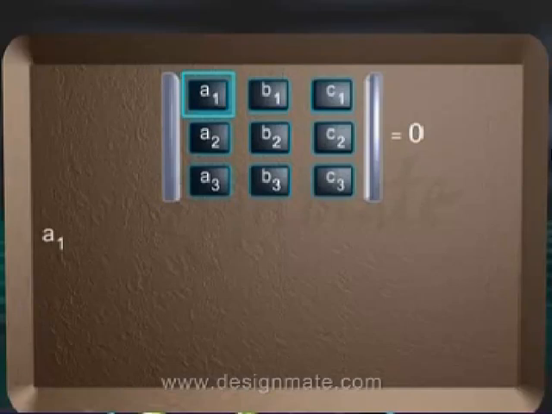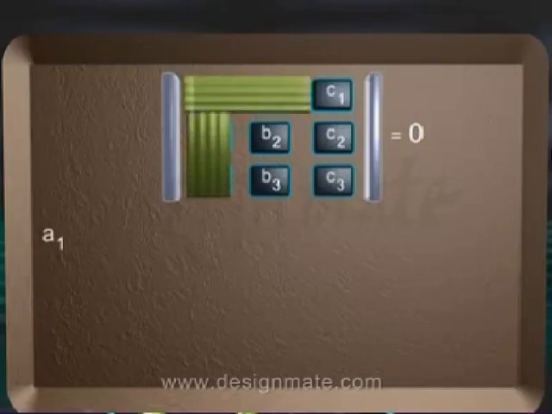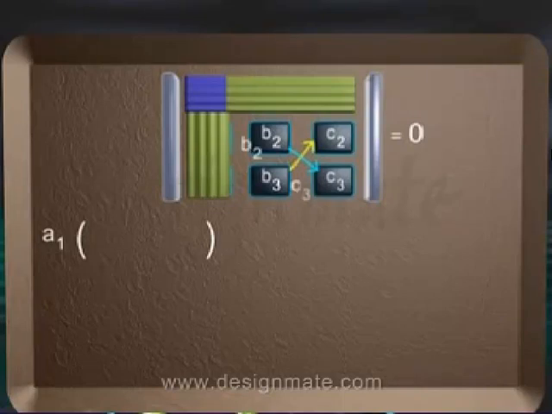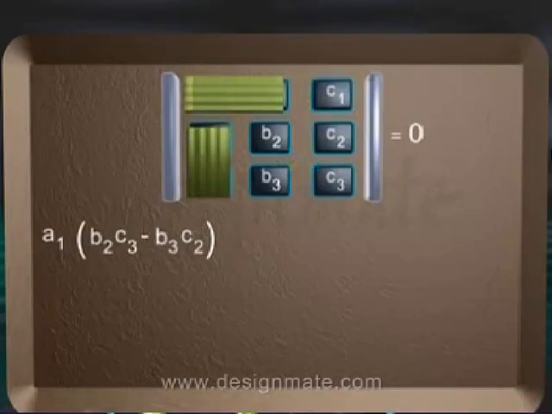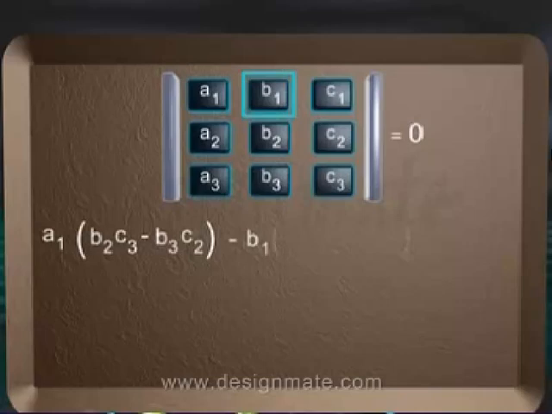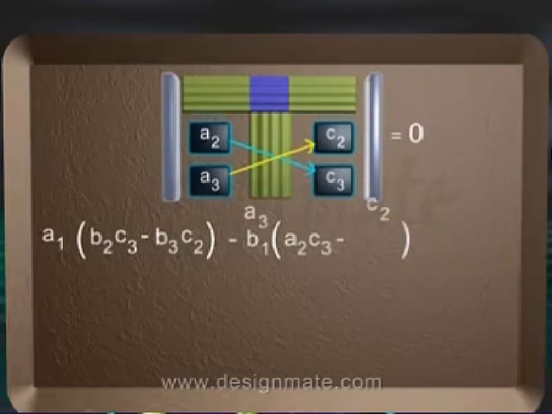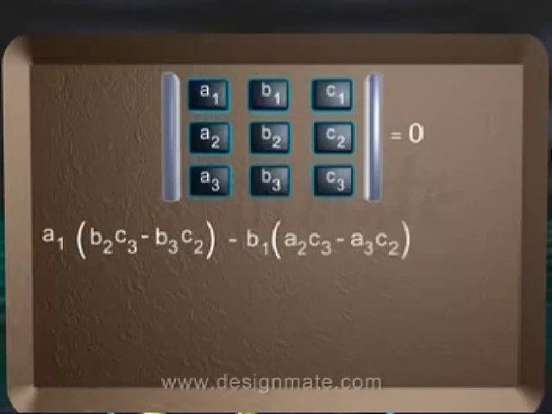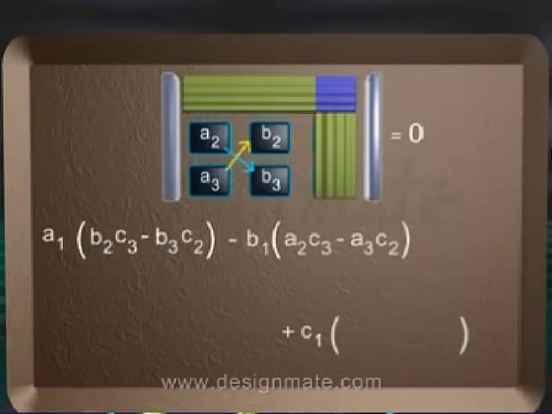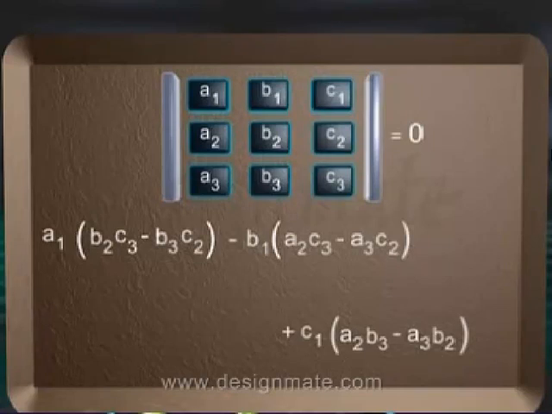Therefore, a1 into (b2c3 minus b3c2) minus b1 into (a2c3 minus a3c2) plus c1 into (a2b3 minus a3b2) is equal to 0.